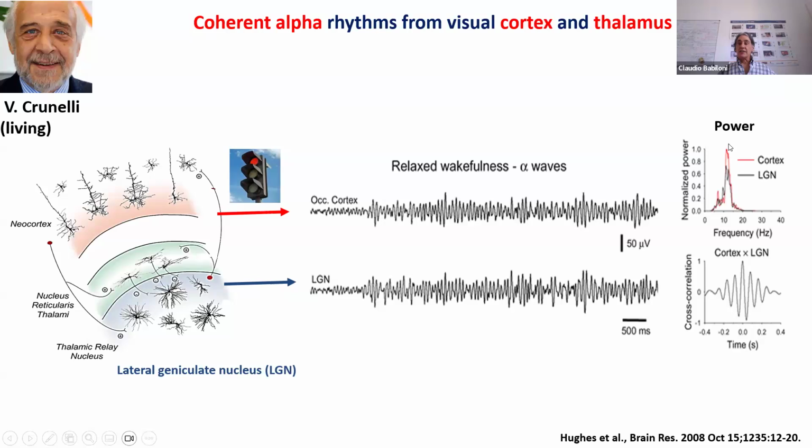You see here that in red, you have the power density spectrum from this signal recorded from occipital cortex with local field potentials. And you see that the maximum power is recorded at about 10 Hz.